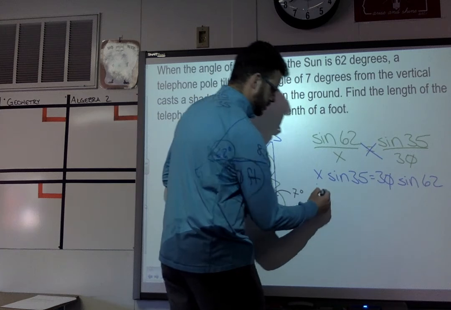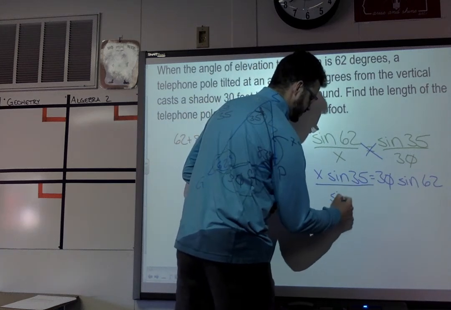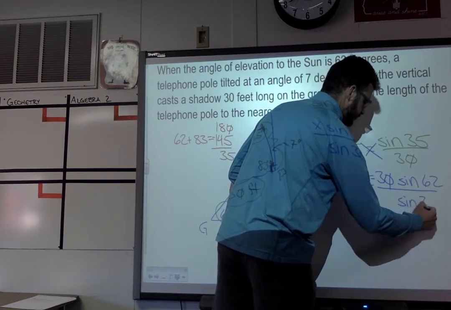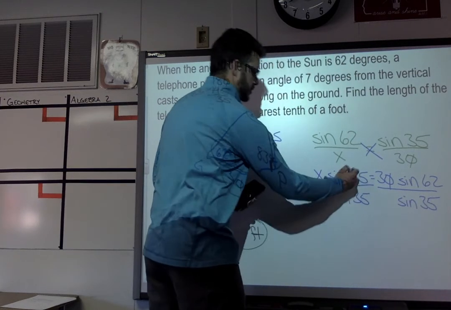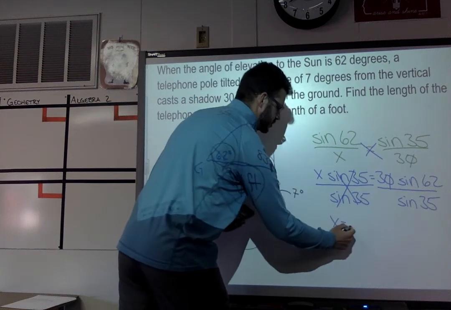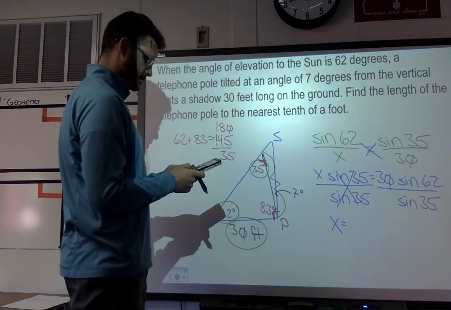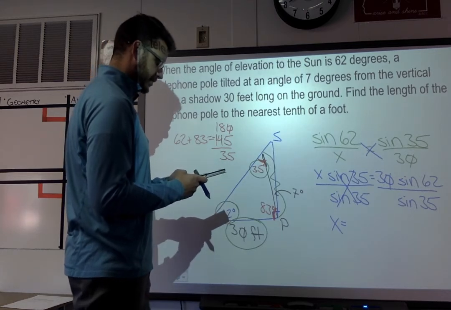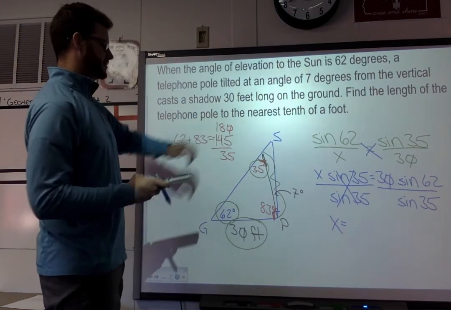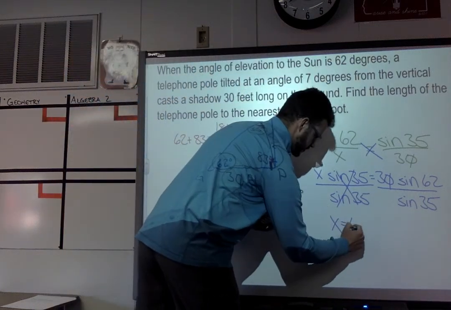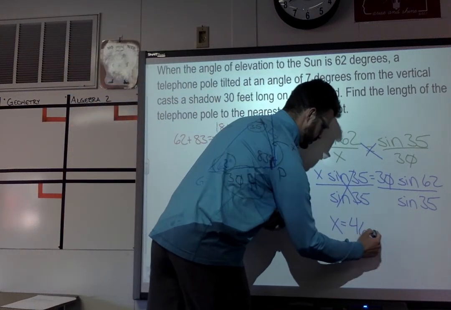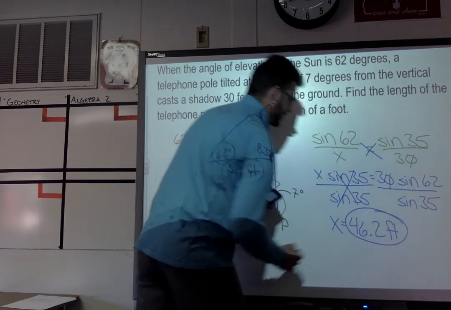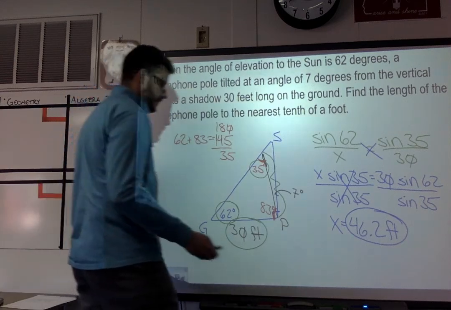Then we need to divide both sides by the sine of 35. So 30 times the sine of 62 divided by the sine of 35. They tell us to the nearest tenth of a foot. So we would say 46.2 feet would be the height of the telephone pole.